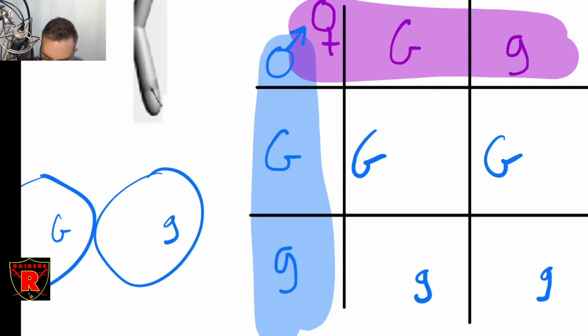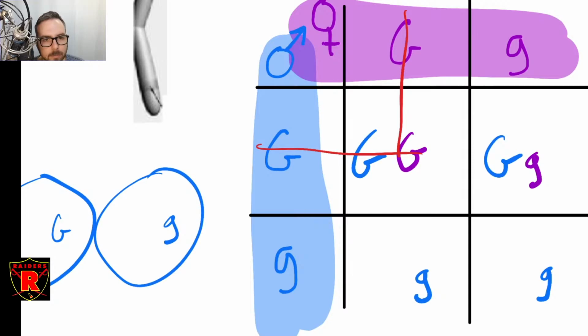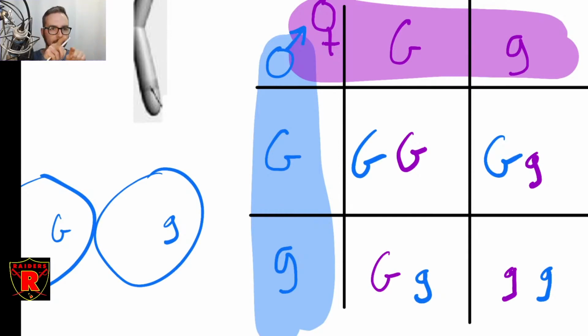And the female can give big G, so it could be a big G going with this big G, or a big G going with the little g. All I'm doing is lining them up, bringing them across. Or we could get the little g going along with the female big G, or the female little g and the male little g.